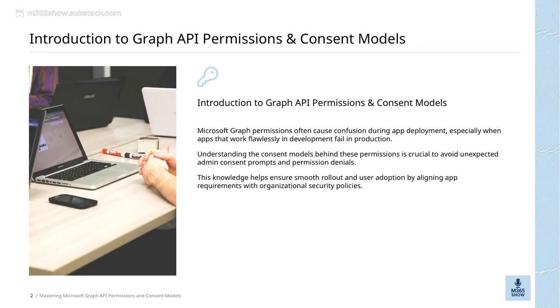This knowledge helps us ensure a smooth rollout of our apps and encourages user adoption by aligning what our apps need with our organization's security policies. By the end of this session, you'll have a clearer picture of how permissions and consent work together so you can deploy your apps confidently and efficiently.